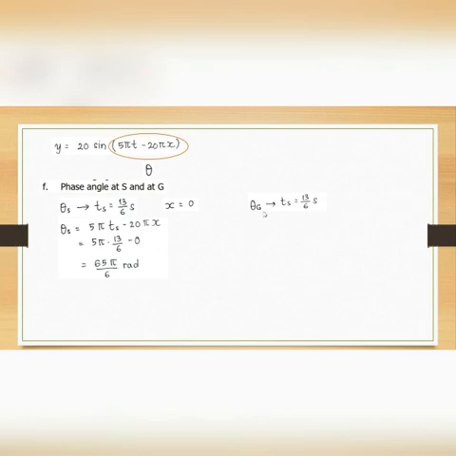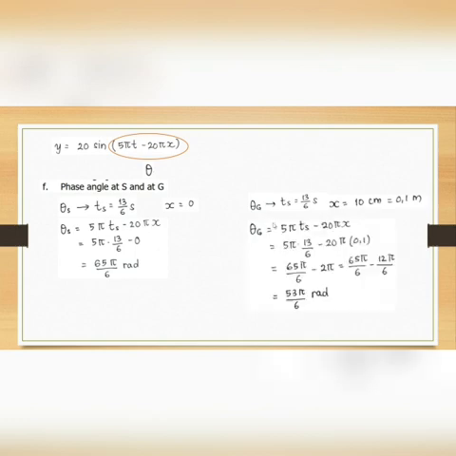And the phase angle at G is when Ts equals 13 over 6 seconds and x is equal to 0.1 meter. So using this theta, 5 pi Ts minus 20 pi x, we can find that the phase angle at G is 53 pi over 6 radian.